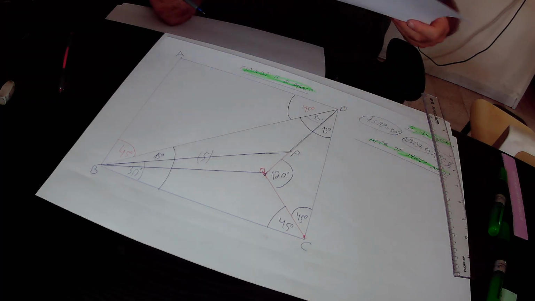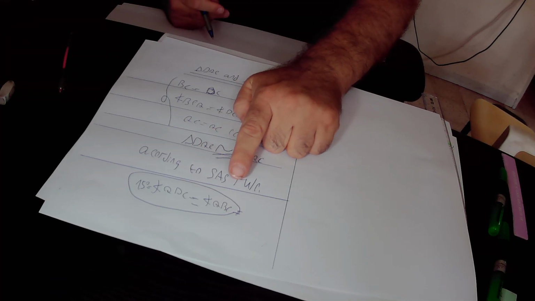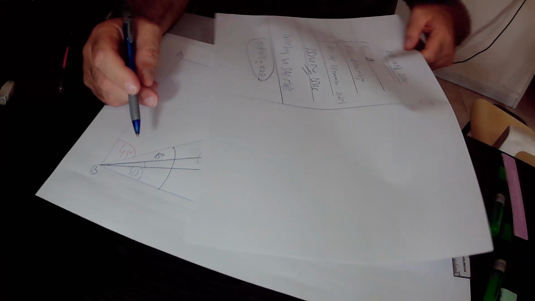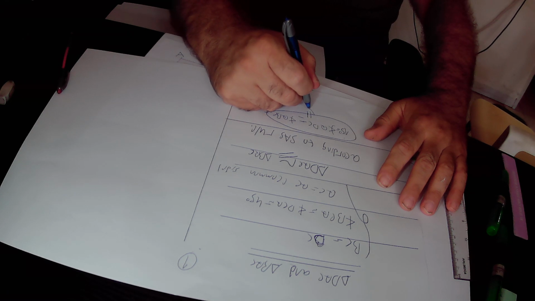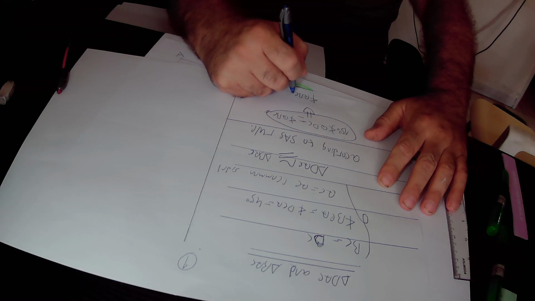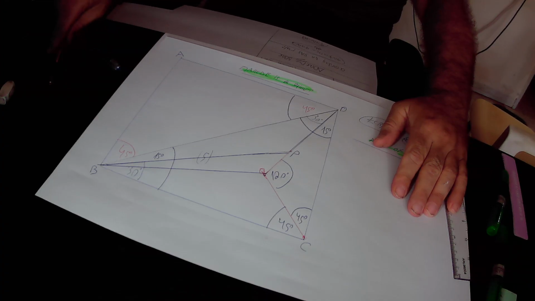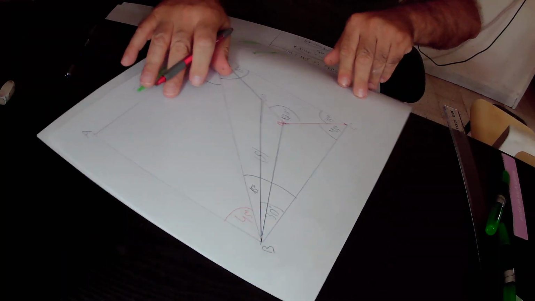From this equation, 15 equals angle QDC equals angle QBC, we derive that angle QBC is also equal to 15 degrees in its size. This is again QBC, equal to 15 degrees.